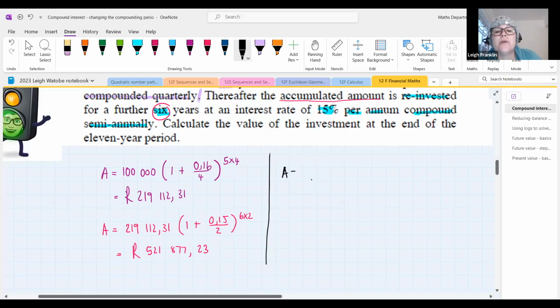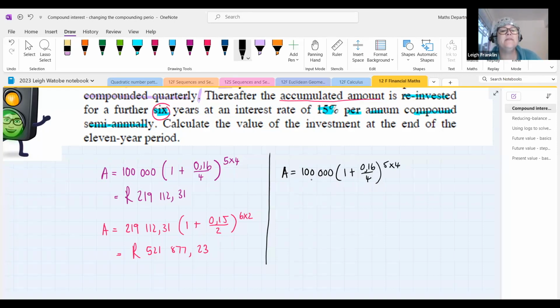Okay, so what you can do is this. Check this out. We're going to do what we did initially, which was the 100,000 Rand, 1 plus 0.16 over 4, to the power 5 times 4. Now remember, this gives us our accumulated amount of 219,112.31.